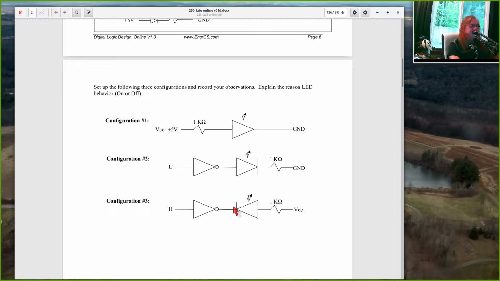And this third configuration in particular, this will come back in your traffic light experiments in ways that'll help you reduce the component counts that you end up with. The idea that a low voltage right here causes the LED to turn on, that's something to keep in mind.